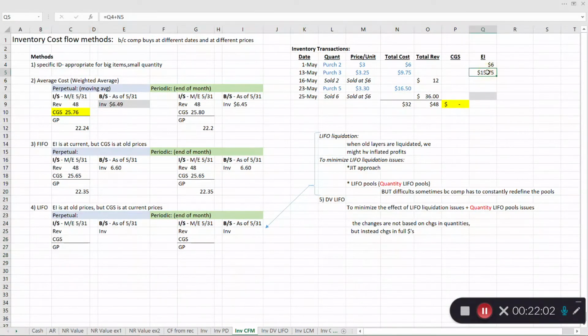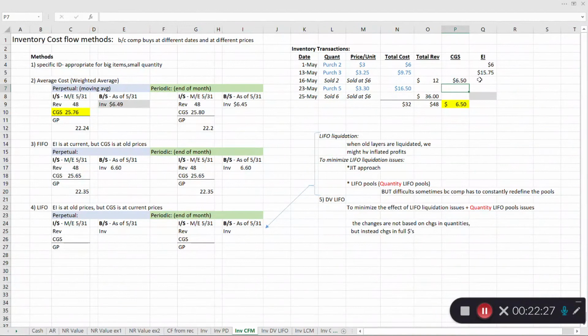I have 1575 as my ending inventory. But now when I sell these 2 units, I'm going to cost them out at the last in, which is 325. The last in based on this date, because we're doing perpetual. So cost of goods sold is going to be 2 units times 325, the last in.